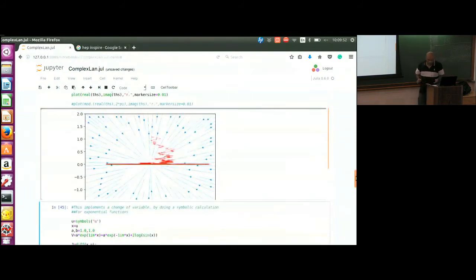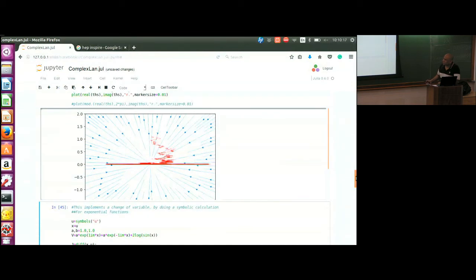Basically what I have done here is this: you see that in the complex plane... So we are coming to this kind of thing. So this is minus x square or something like that, so it is just e to the power minus x square.